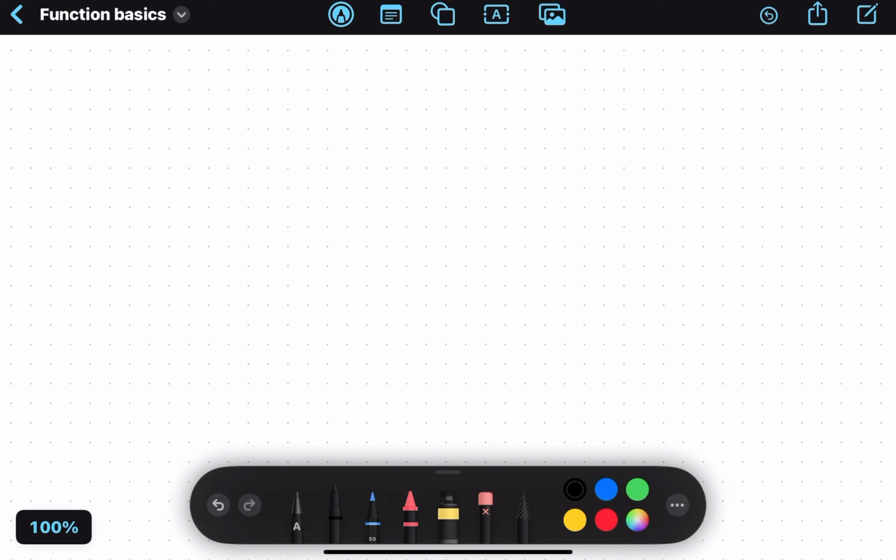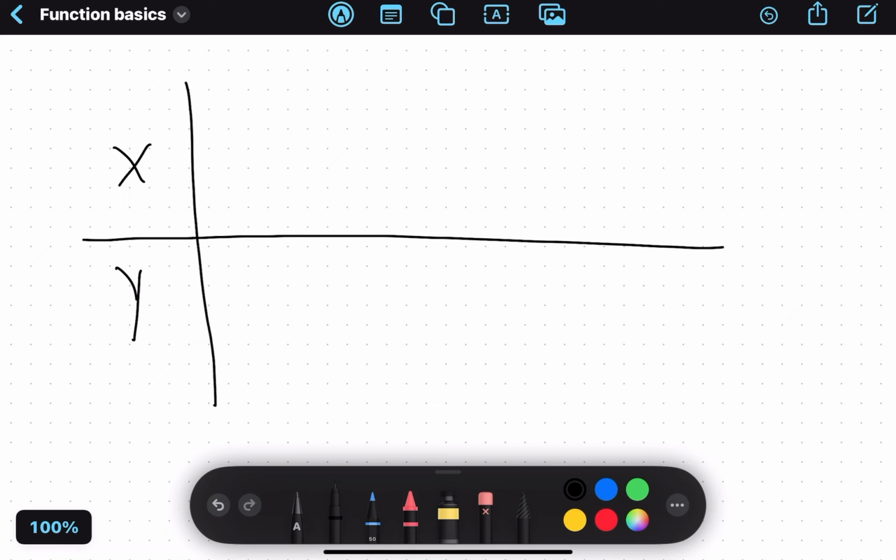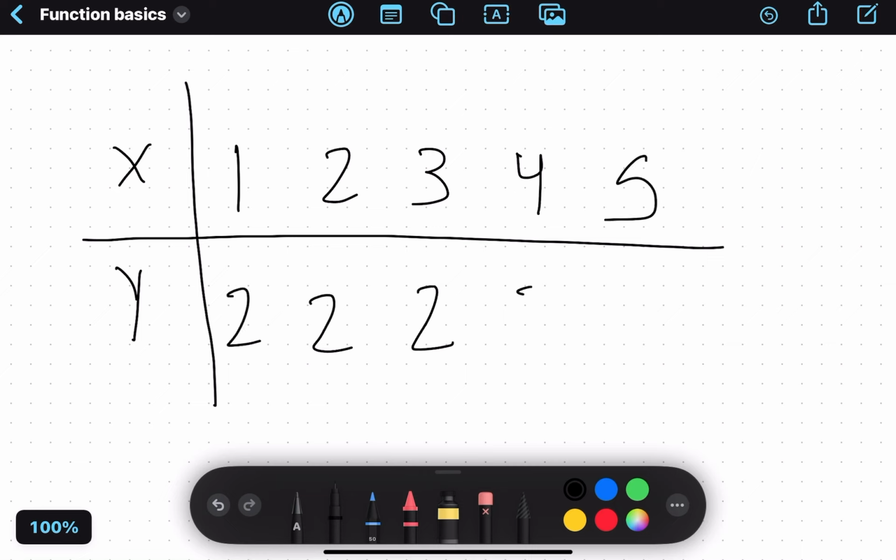Last example. It's a little different than the ones we've already done. Okay, is this a function? Yes, it is. Why?